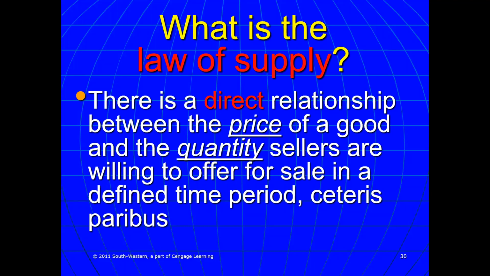So if you're making t-shirts or if you are Chip and Joanna Gaines and people are wanting to buy and pay more at your Magnolia Market, all the stuff that you have there, you are happy to supply more of it, right? So a direct relationship means that these two variables are moving in the same direction. People are happy to pay more. The quantity that you're willing to offer for sale is also going to increase as well.